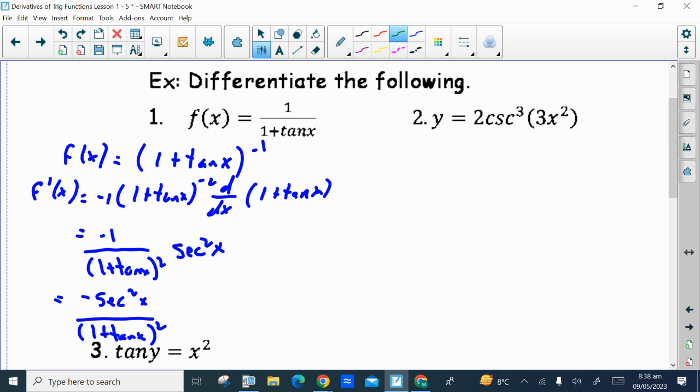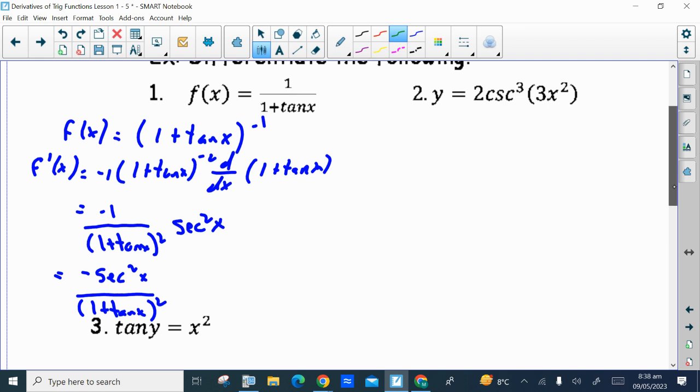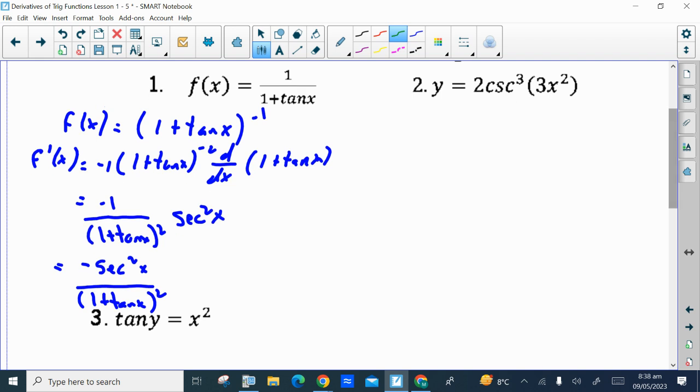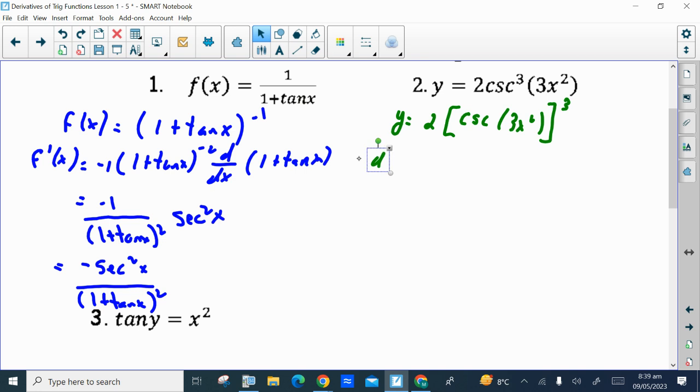So again, in most cases, the chain rule is being used when you're differentiating these trig functions. Number 2, that would be the same as 2 times the cosecant of 3x squared all cubed. So to differentiate this, again, we have to use the chain rule.